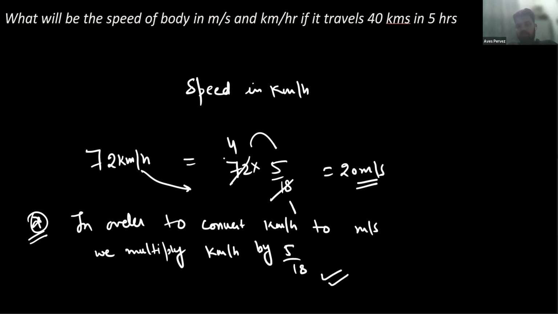Note it down, Rima. Note it down first. So Rima, note it down that in order to convert kilometer per hour to meter per second, we multiply kilometer per hour by 5 by 18. First note it down and I'm going to explain it.